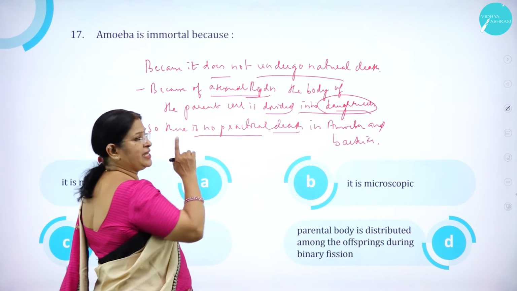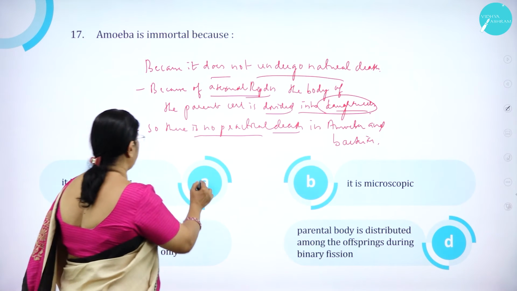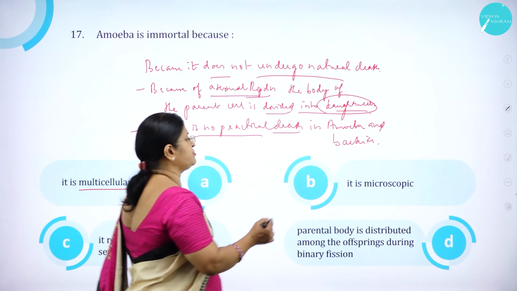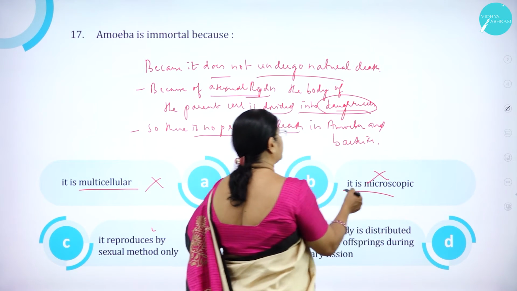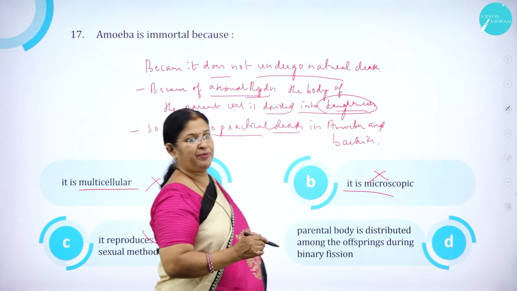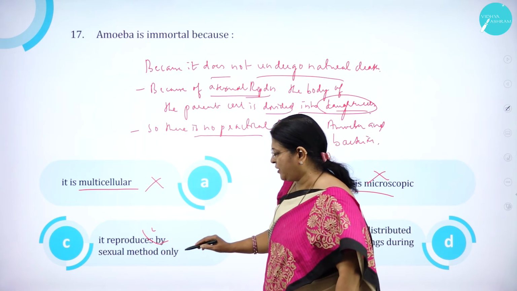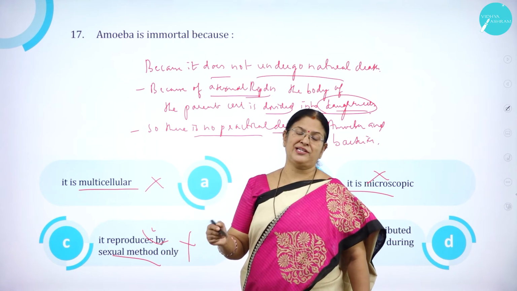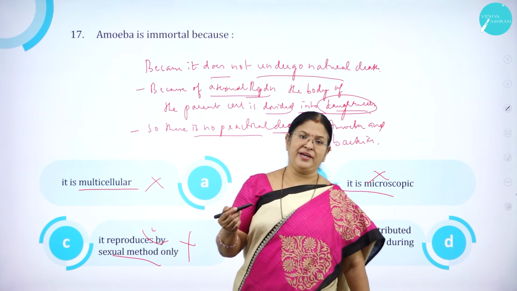So amoeba is immortal because option A, it is multicellular, wrong, it is unicellular. It is microscopic, correct, but that is not the reason for amoeba to be immortal. Option C, it reproduces by sexual method, no. There is no sexual method at all, asexual method, that too by binary fission.